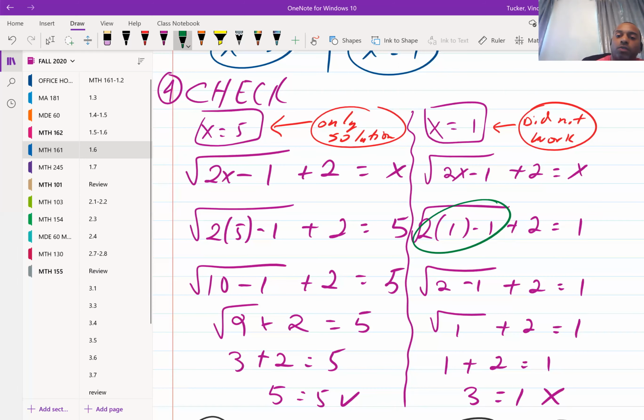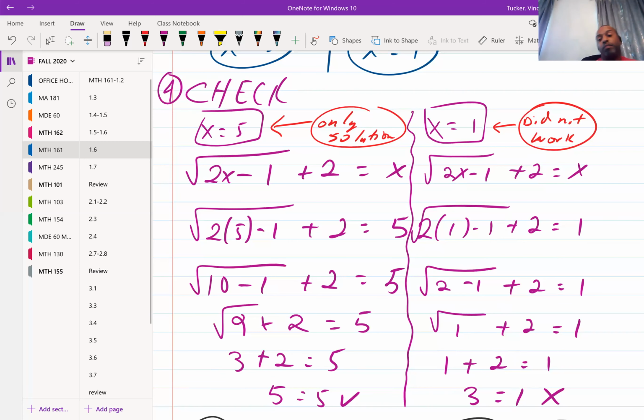So here, 2 times 1 minus 1, that's 2 minus 1, which is the square root of 1. Square root of 1 is 1. That gives us 3 on the left, but I still have 1 on the right. So that one does not work. So my solution is just the x equal to 5. Once again, x equal to 1 did not work.